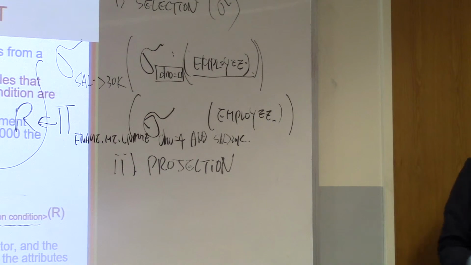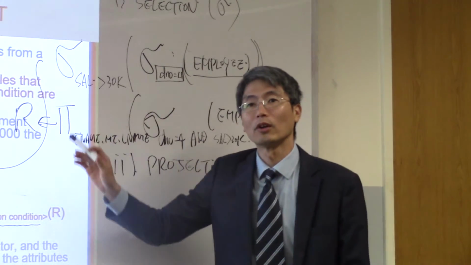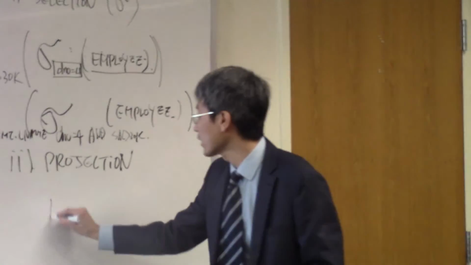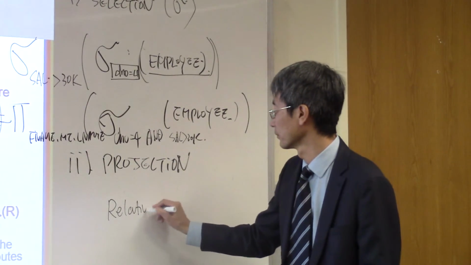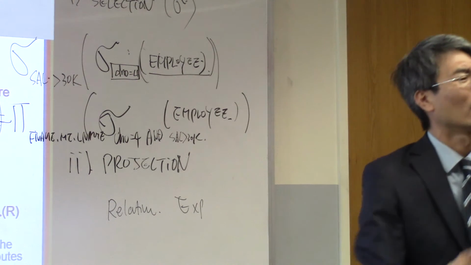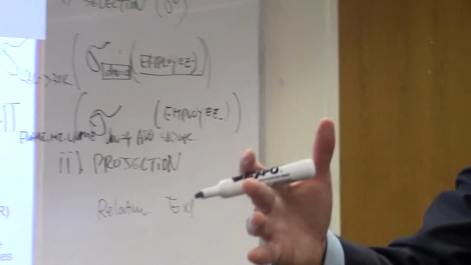At that time, how many operations are used? One, two. If you are using multiple operations, that's called a relational expression. Think about English. A sentence in English consists of a number of words. Using words, you can make a sentence.